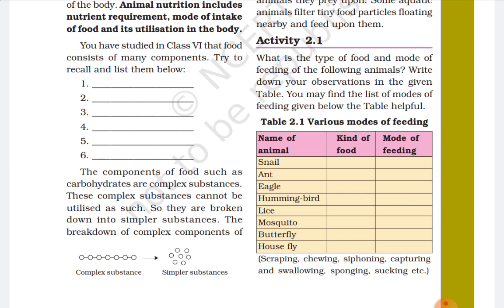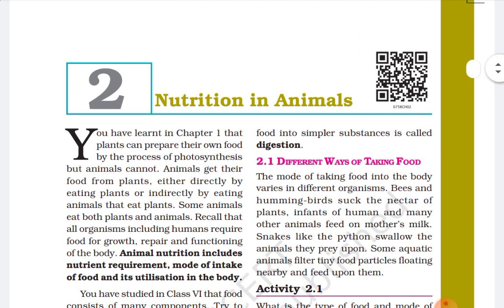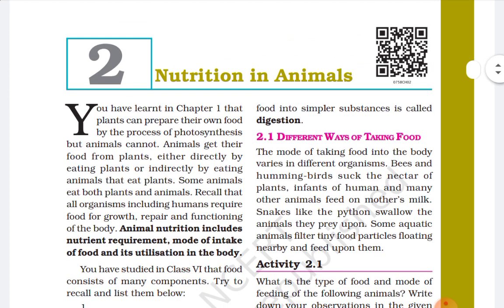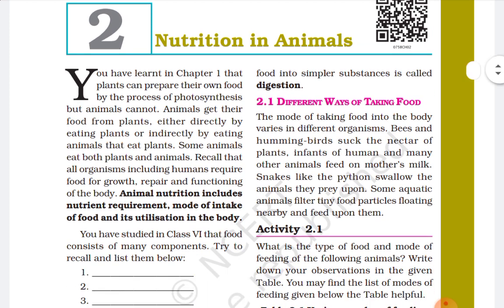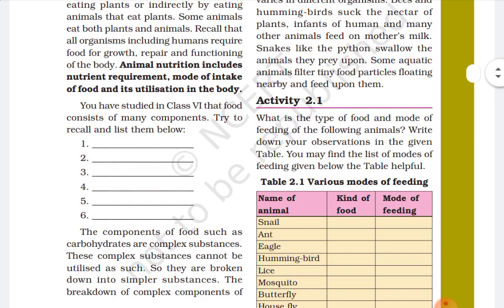Carbohydrates can be converted to starch, and proteins can be converted to amino acids. Fats can be converted to fatty acids, and vitamins and minerals other. So different ways of taking food, the mode of taking food into the body varies, we have read this.